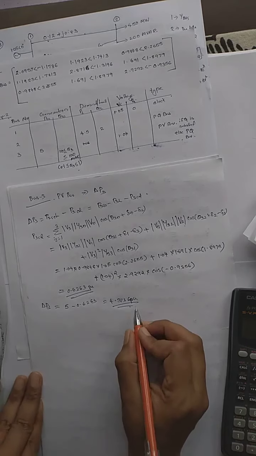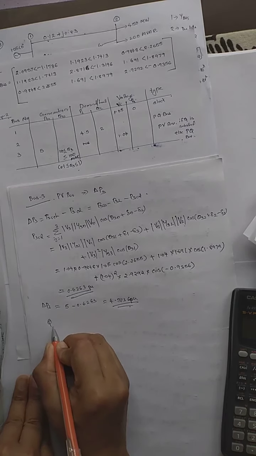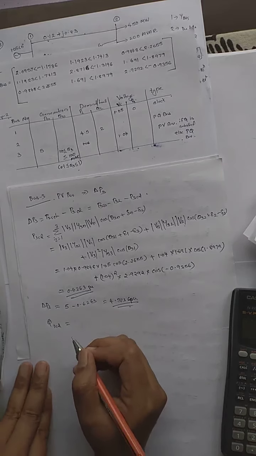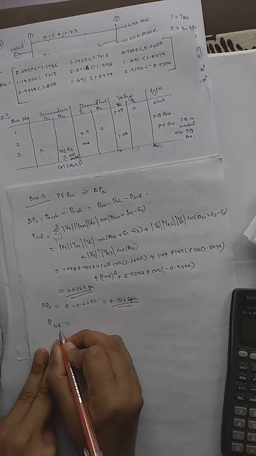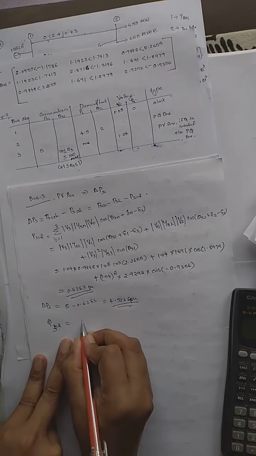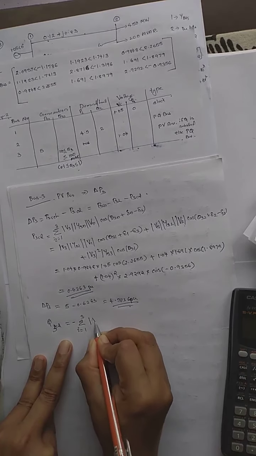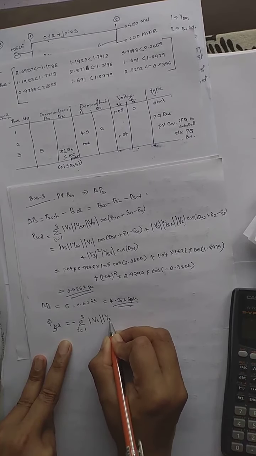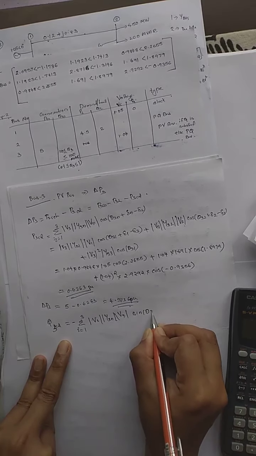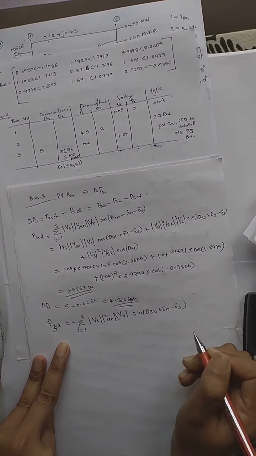Then again what I have to find out is, here it is a PV bus but still the Q constraint is given, so we have to find out Q calculated. That Q calculated equation we already know, so I am just finding out Q3 calculated. Q3 calculated is sigma n equal to 1, 2, 3 of minus V3 Y3n Vn and sine of theta 3n plus delta n minus delta 3. This is our equation.